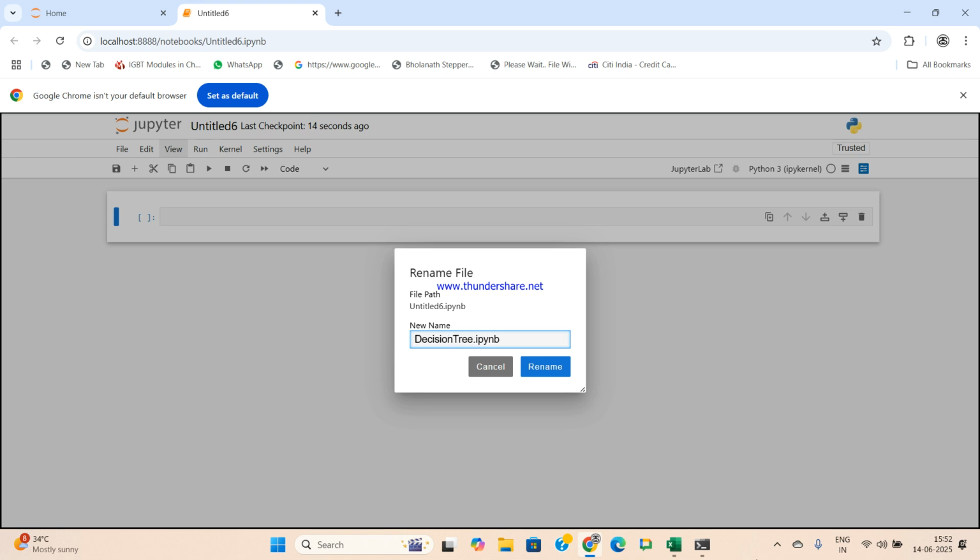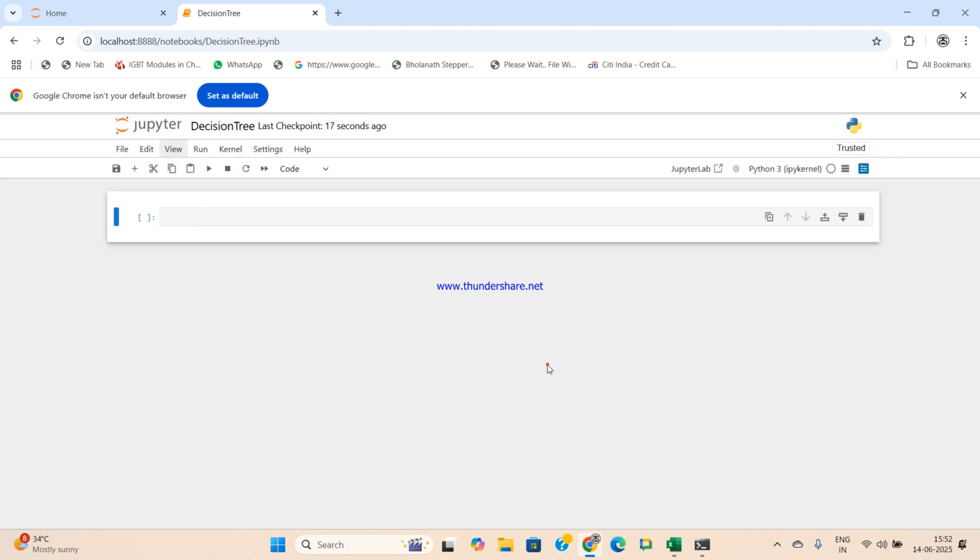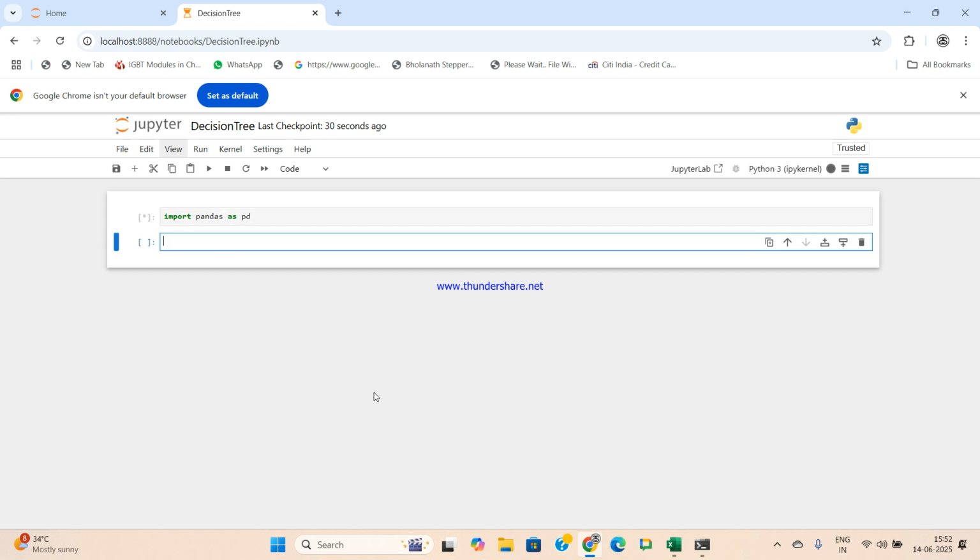First we have to import pandas with the alias name pd. Then we have to read the file.